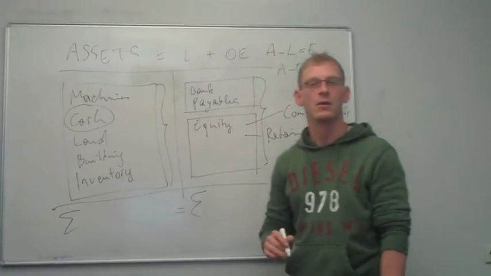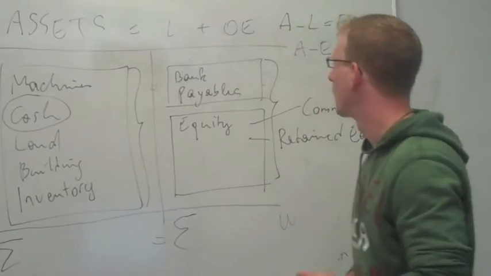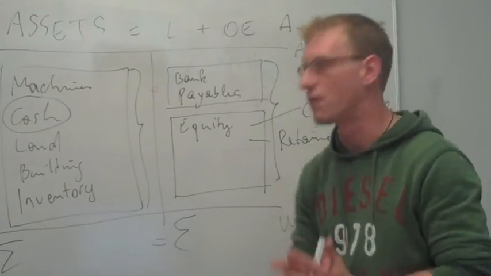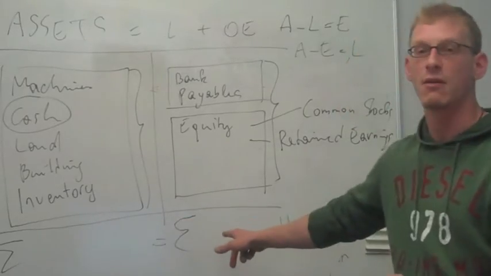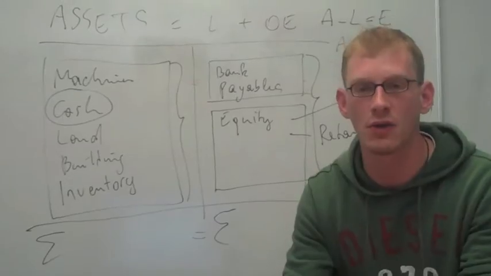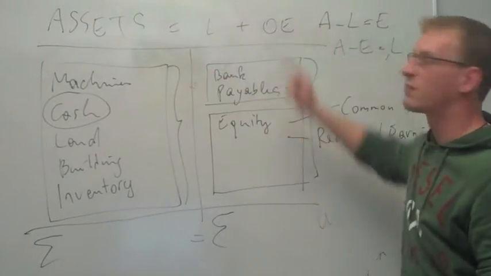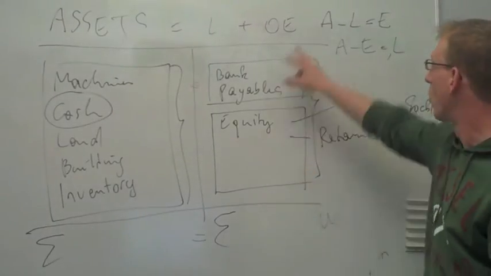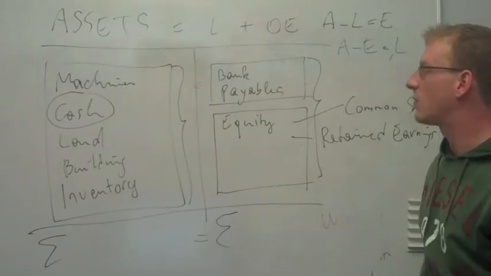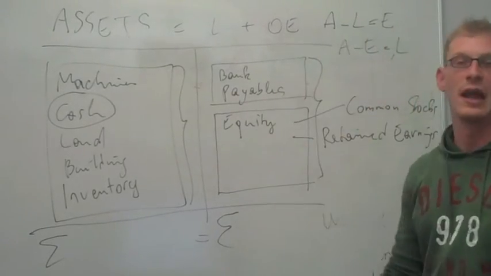Very important, we call it the accounting equation. This is a relationship that always has to hold true. If not, then there is some mistake. Again, what is the accounting equation? Assets equals liabilities plus owner's equity, and all the variations of that: assets minus liabilities equals equity, and assets minus equity equals liabilities.